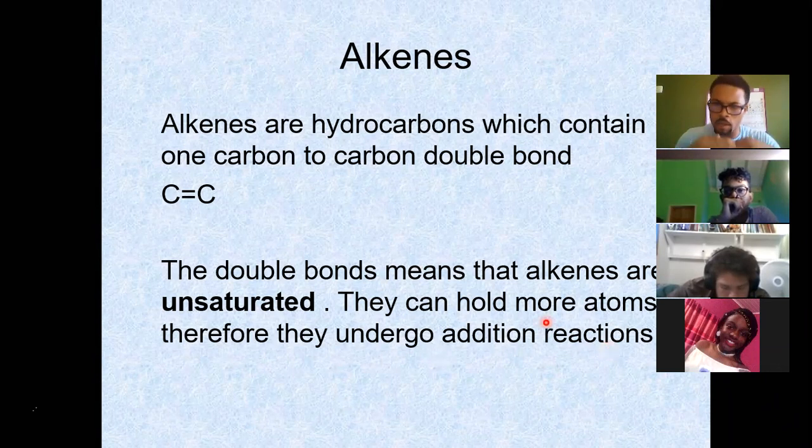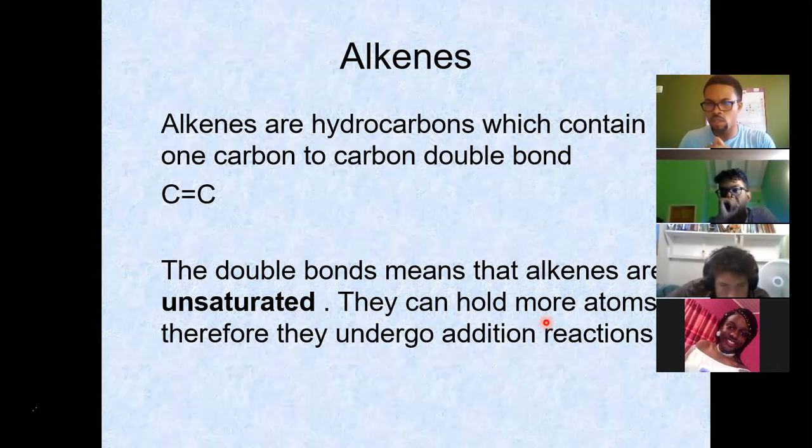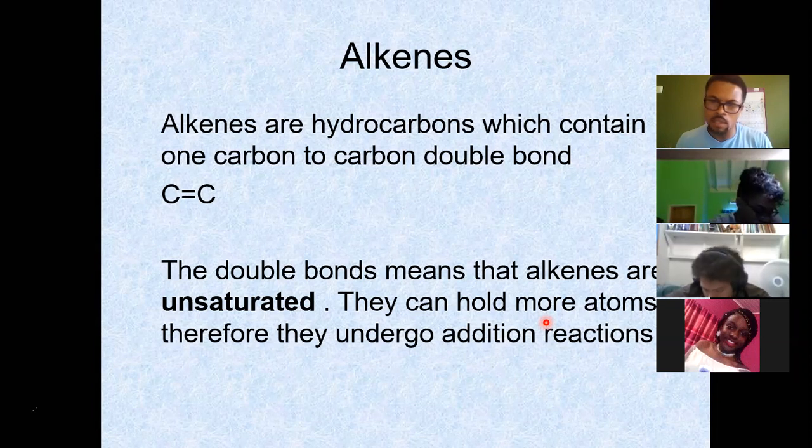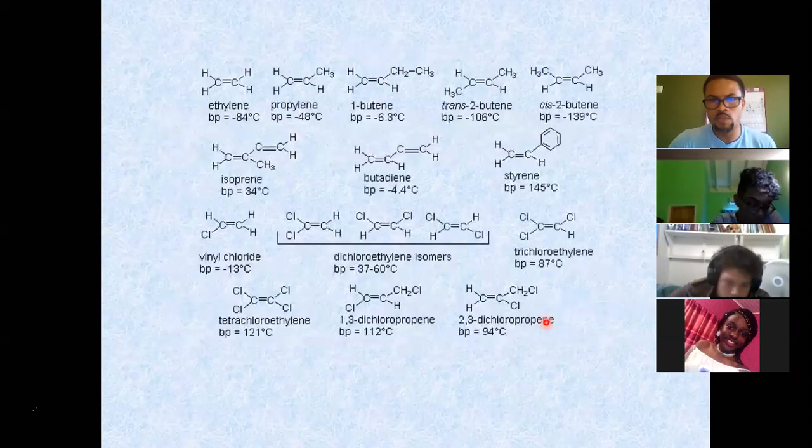Because they have the double bond, it's possible for the carbon to take in more atoms. That's what happens with the unsaturated. So they're not going to undergo substitution reactions, they're going to undergo addition reactions. They're not going to substitute any element on there, they just add. They say, come on in, join the bond, join the family. That's what happens.